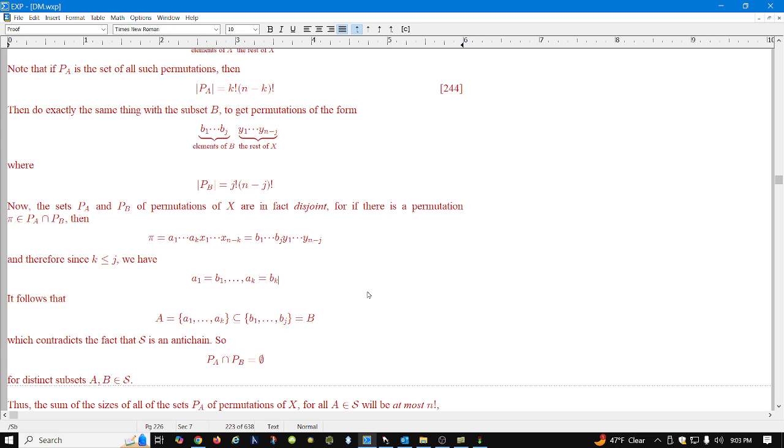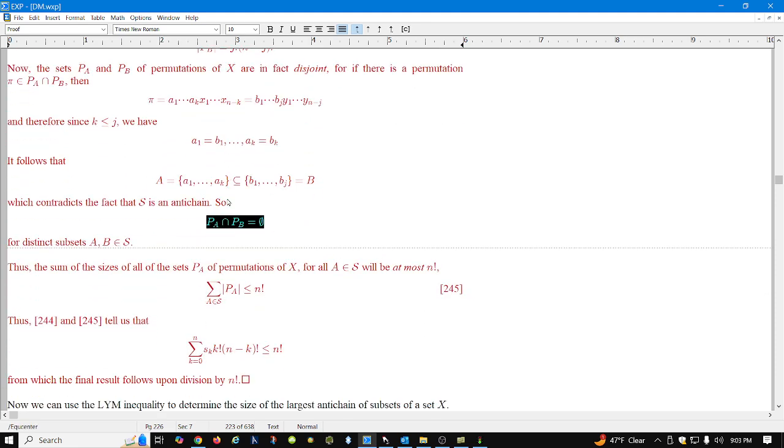That's not allowed in an antichain. A cannot be contained in B. So we have a contradiction to the fact that S is an antichain. The only way out, these are disjoint. For any two subsets in the antichain, the permutations that you form from those subsets are disjoint.